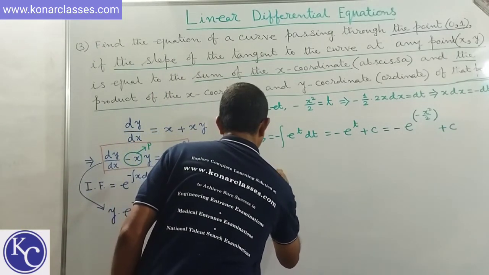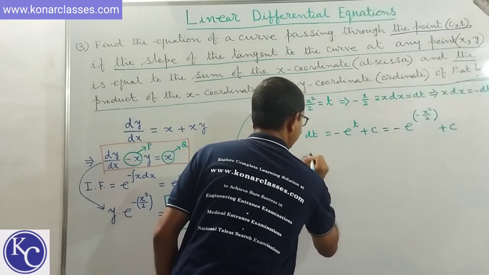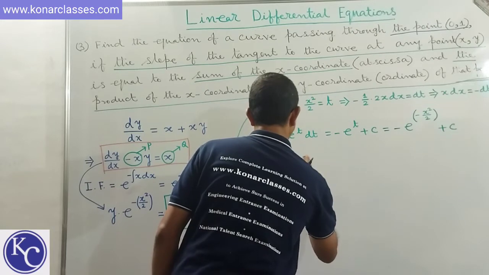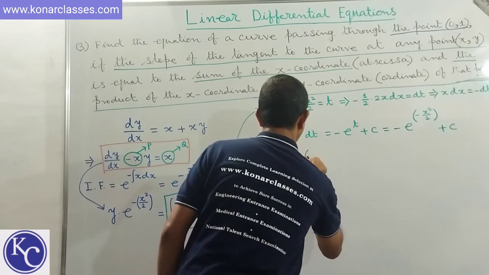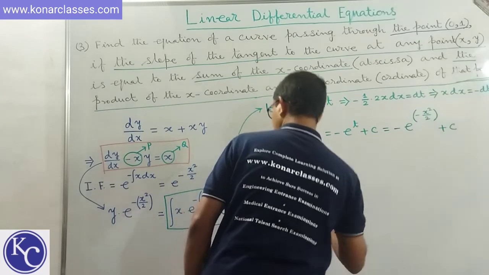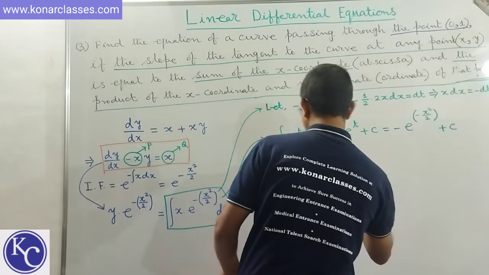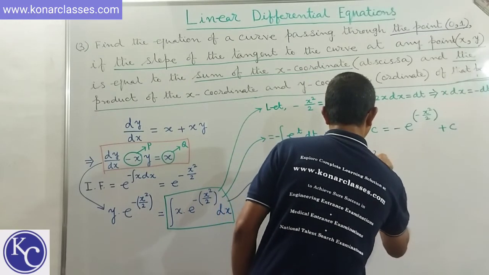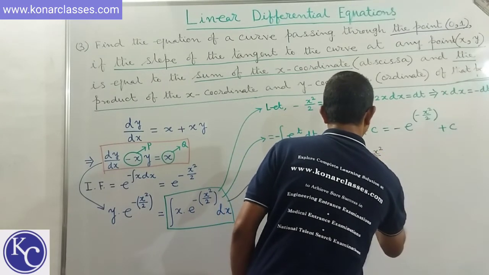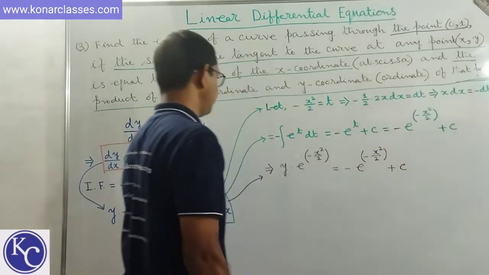So this implies y into e power minus x square by 2 is equal to minus e power minus x square by 2 plus the integrating constant c.